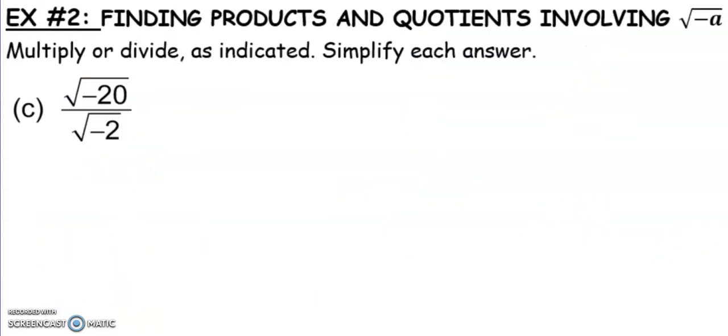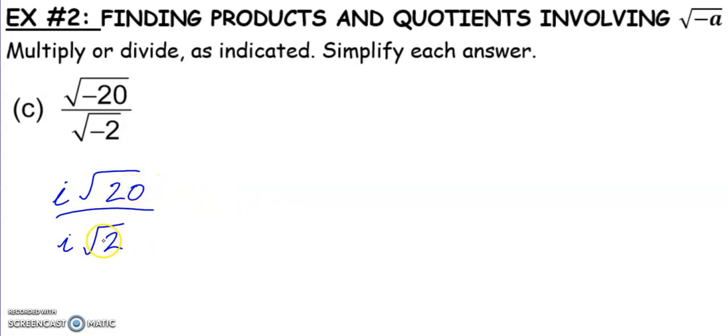Same rule with division. Let's take radical negative 20 and divide that by radical negative 2. Well, the first thing we're going to do is deal with the i's. Take the i's out first. Now we can deal with the radicals just like we like to.